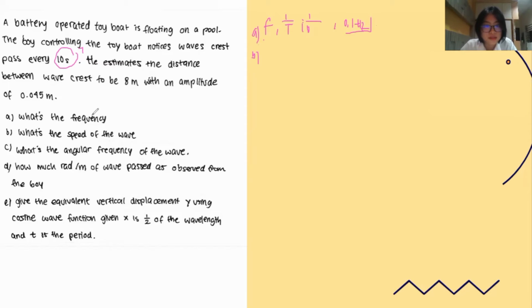B. What is the speed of the wave? Speed of the wave is symbolized as V. V is wavelength times frequency. So wavelength is 8 meters times the frequency, which is now 0.1.